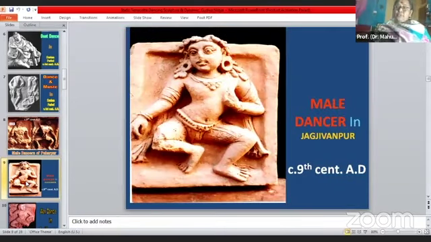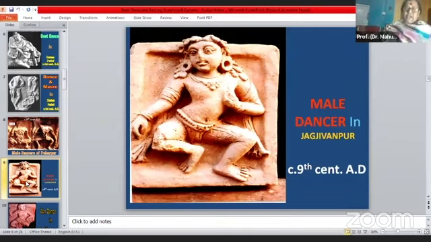And I'm grateful to Professor Dr. Gautam Sengupta. After the discovery of this Jagjivanpur, he has given me so many slides. I'm so grateful. Here, this Kapitva Hasta in left hand, Kapitva Hasta and Dola Hasta in right, and Kunchita Pada.